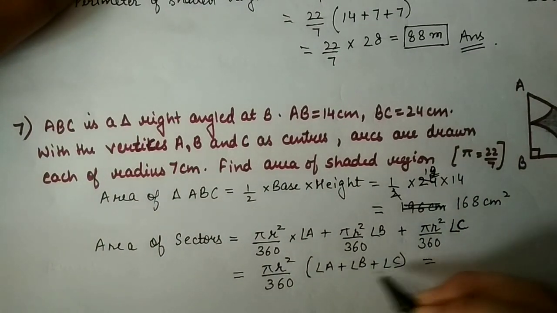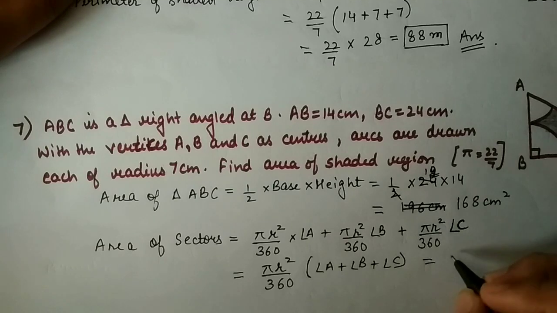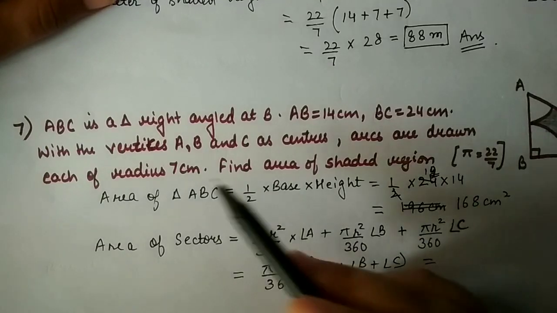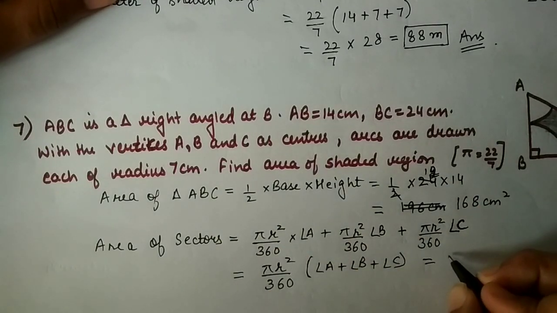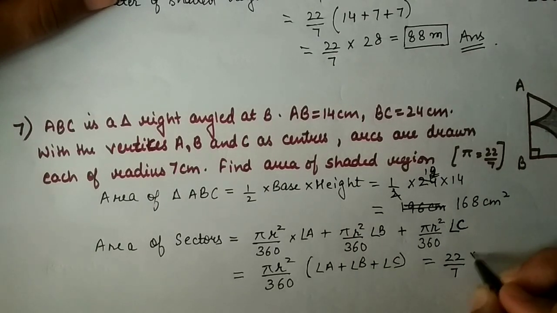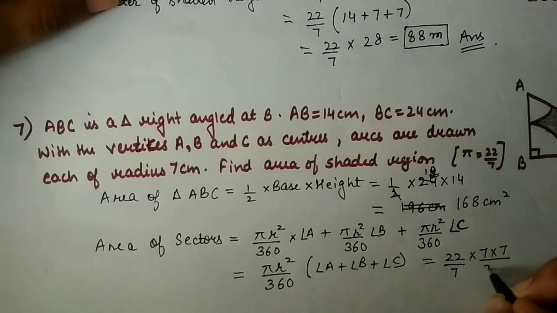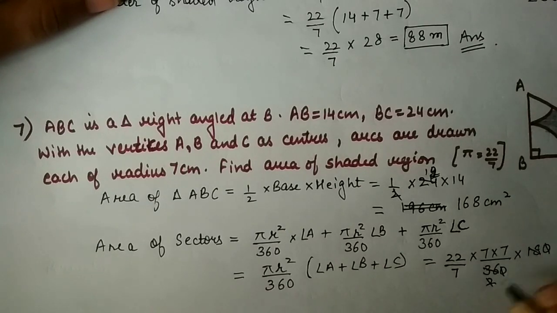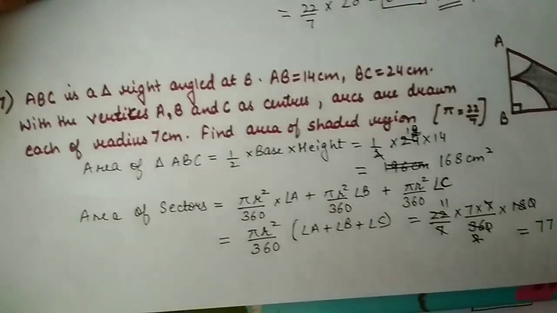So on adding we will get 180 degree. And the radius is 7 centimeter. So put the values. Pi is to be taken as 22 by 7. So 22 by 7 into 7 into 7 upon 360 into 180. So cancel the terms. You will get 77 centimeter square as the area of sectors.